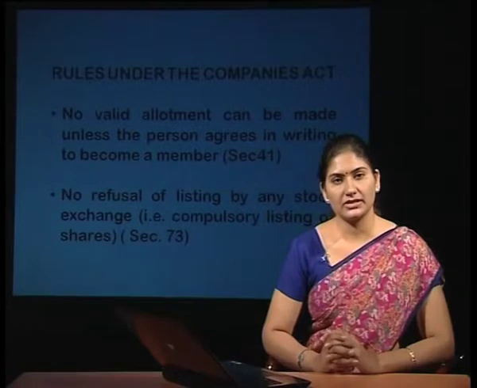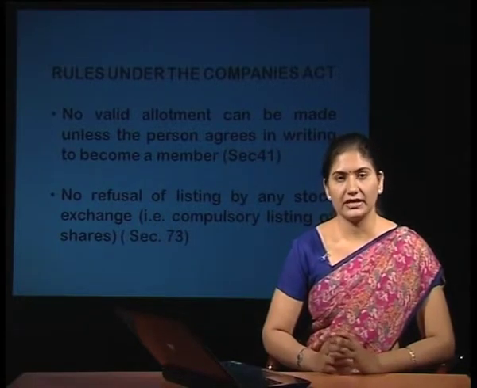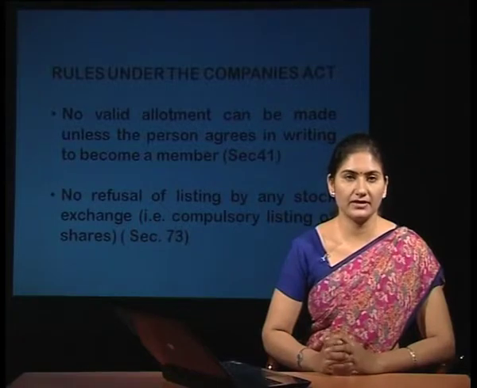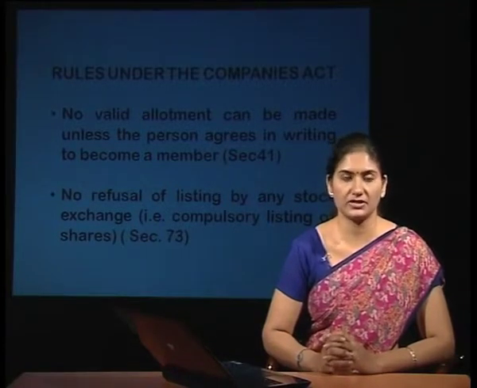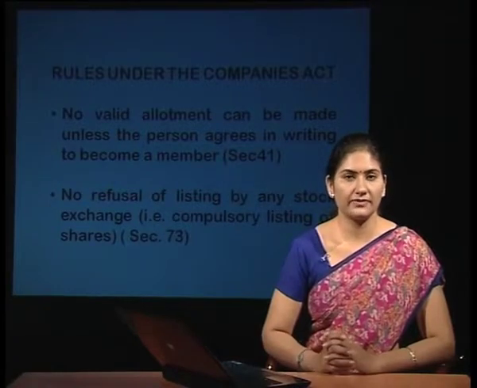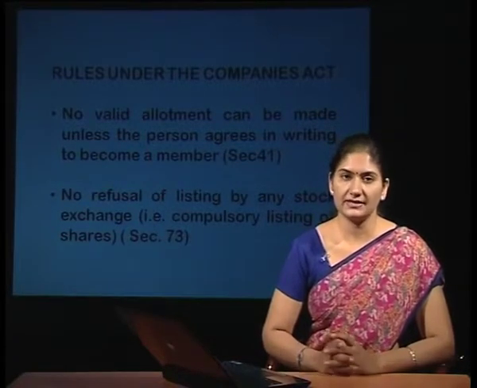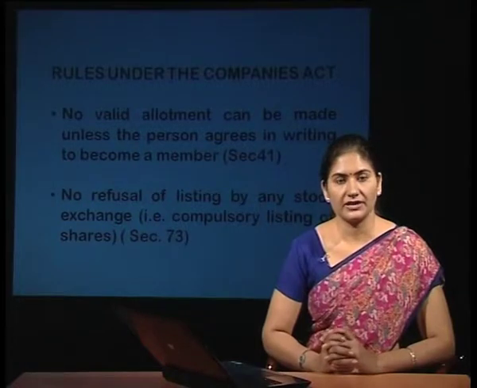Such a contract will only be valid if it is in writing, and when a shareholder applies through an application which has been published in the prospectus, it qualifies this condition, and hence also the condition of the Companies Act section 41.